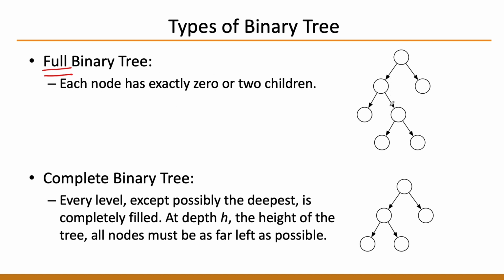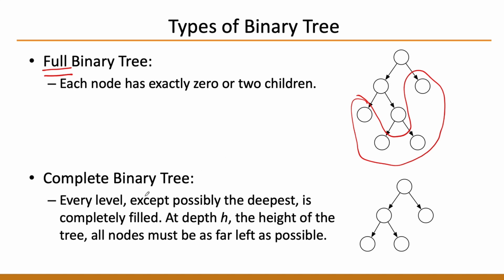On the right hand side, you can see one example. If you check each and every node, either you have 2 children or you have no children at all. For example, all these nodes over here are the leaf nodes. But if you look at their parents, they have exactly 2 children. So this is the case where the tree is full.